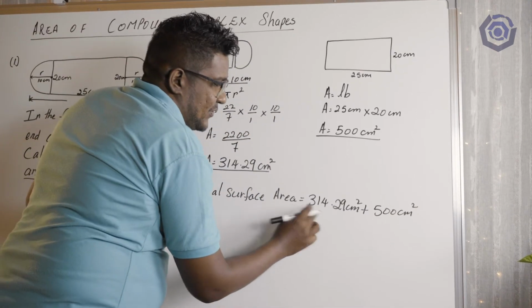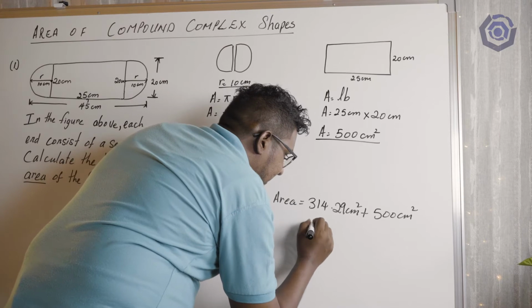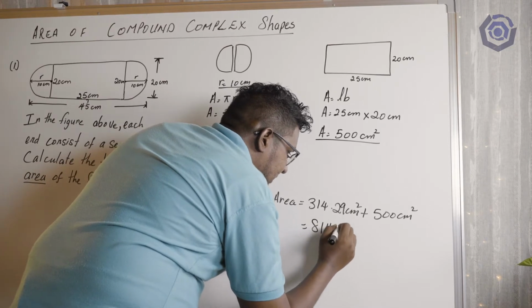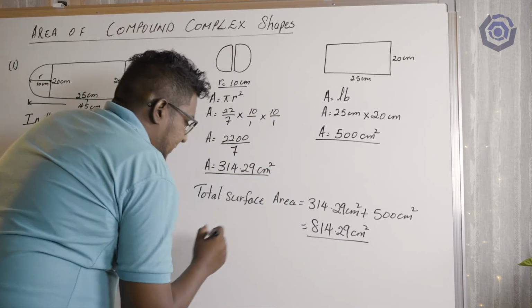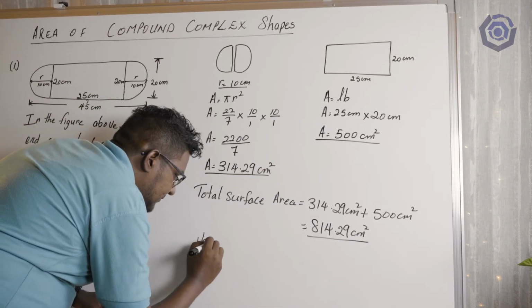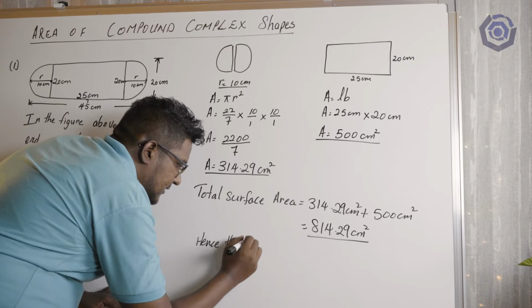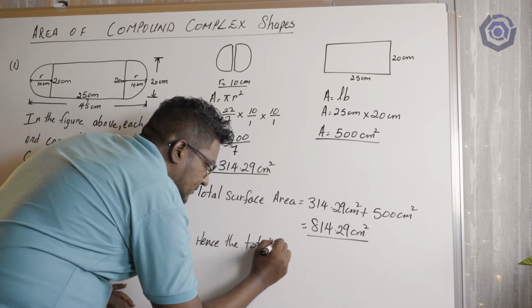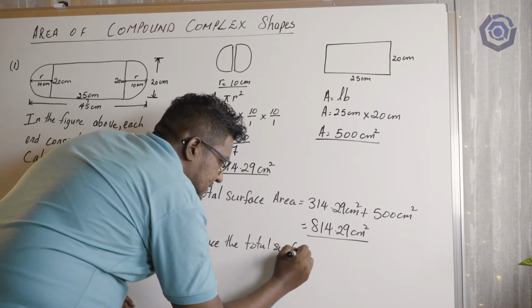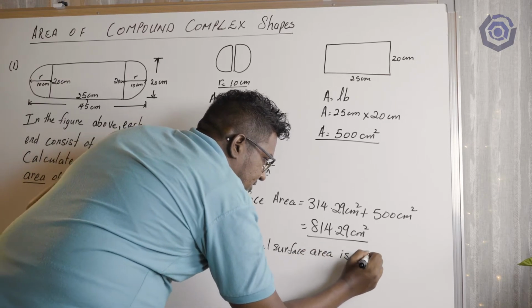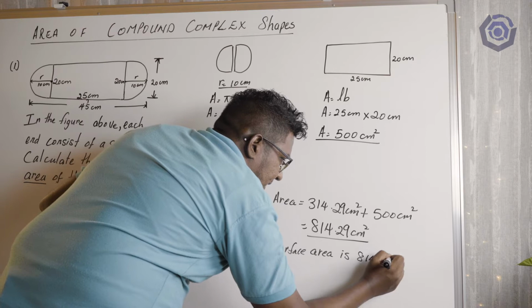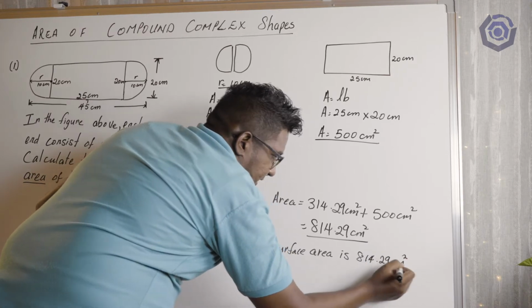This is going to give me 314 plus 500 is going to give me 814.29 cm squared. So we make a statement, hence the total surface area is 814.29 cm squared.